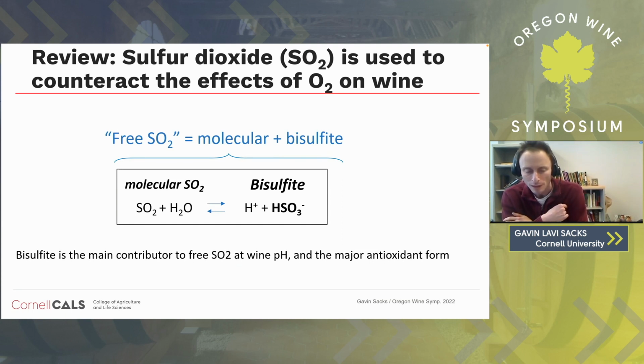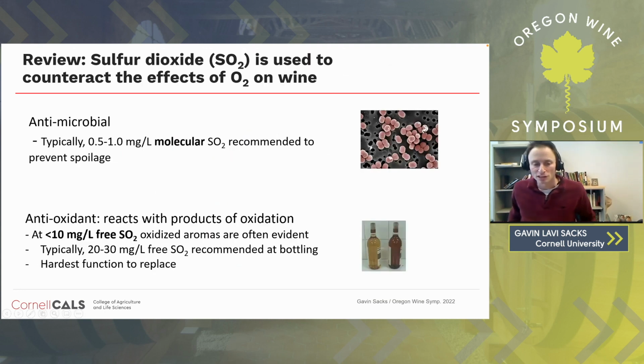Molecular is a small part, but it's important because molecular SO2 is also the antimicrobial component of free SO2. Typically, people target in the ballpark of 0.5 to 1 milligram per liter of molecular SO2. Higher values are more common with wines that are at risk for re-fermentation, like sweet wines. Lower values might be more likely to be used for a dry red, where there's less worry about yeast spoilage and more worry about lactic spoilage.